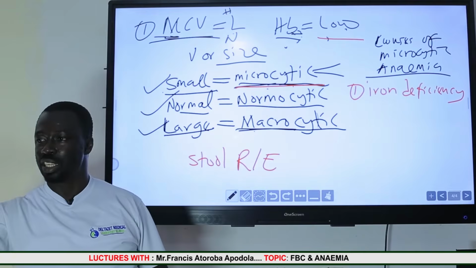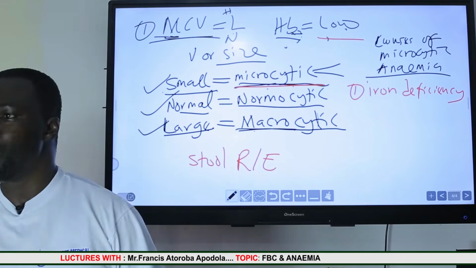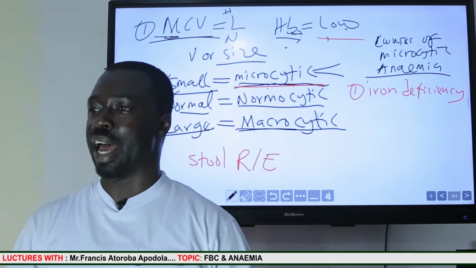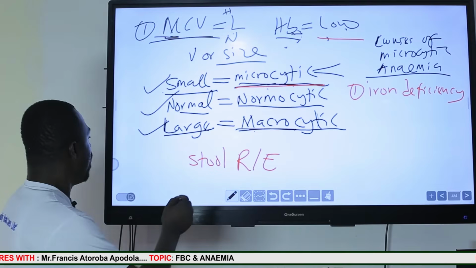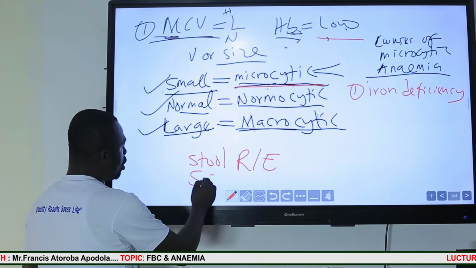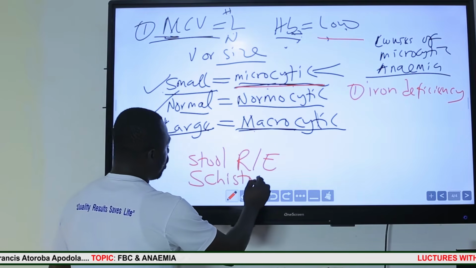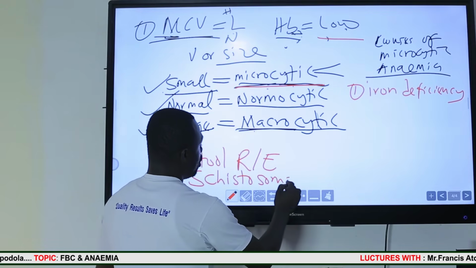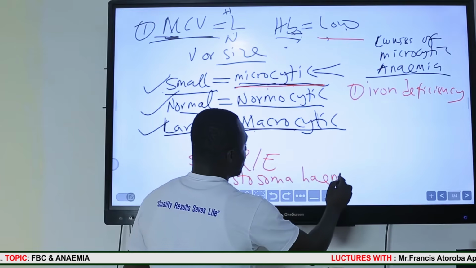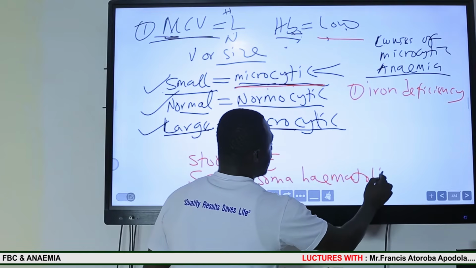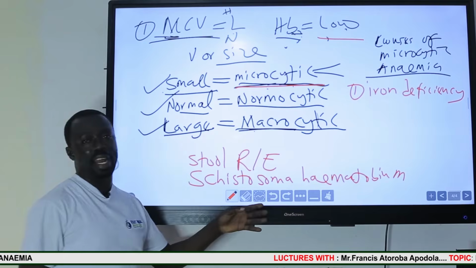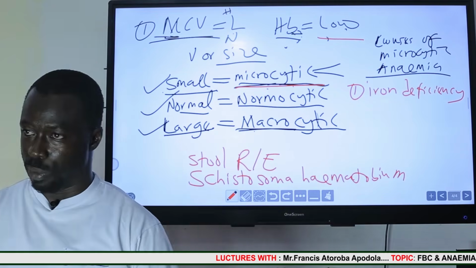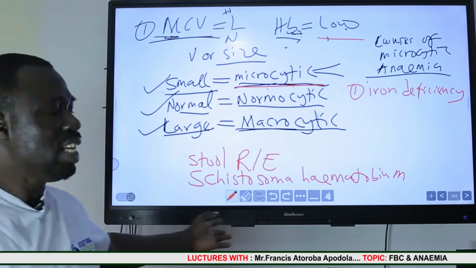In that case, we need to find out whether there is a parasite behind the patient urinating the blood, such as the parasite called Schistosoma. So we have the Schistosoma haematobium. This is a parasite that attacks your bladder and then causes the RBCs to leak into it, so it can possibly result in anemia.